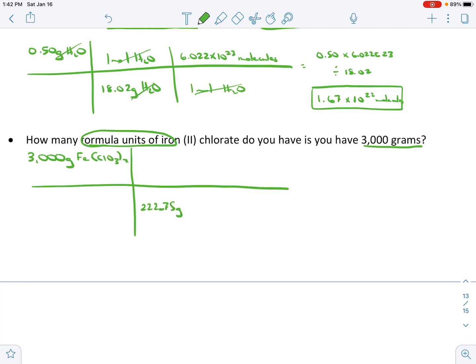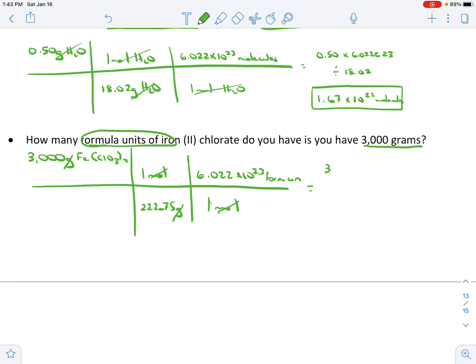So we're going to put 222.75. And remember, we're doing that so the units cancel. Grams, grams. Then if we put 1 mole down here, we're going to Avogadro's number, 6.022 times 10 to the 23rd. And we're looking at formula units, so we say formula units. Moles cancel. Now we're ready to do our calculation.